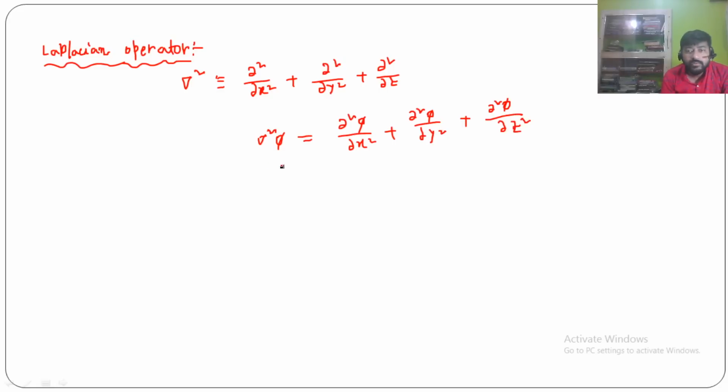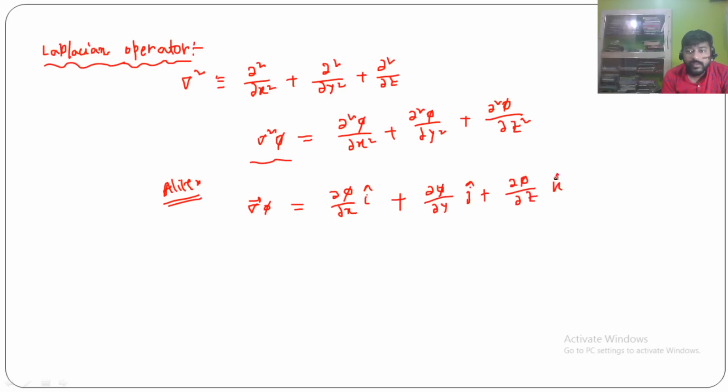You can also see this another way. You know that grad phi is del phi del x i cap plus del phi del y j cap plus del phi del z k cap.